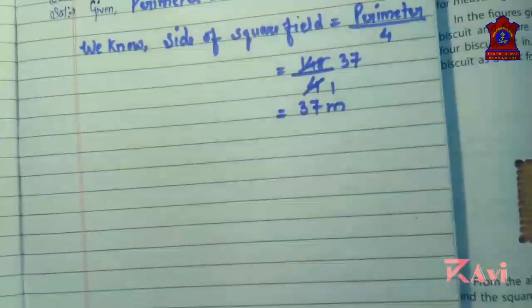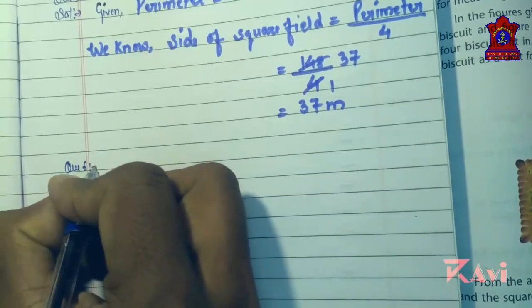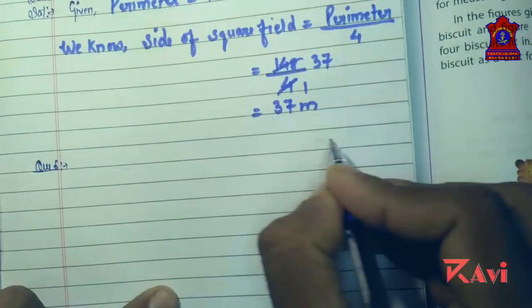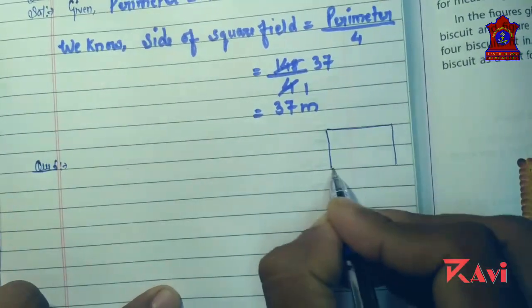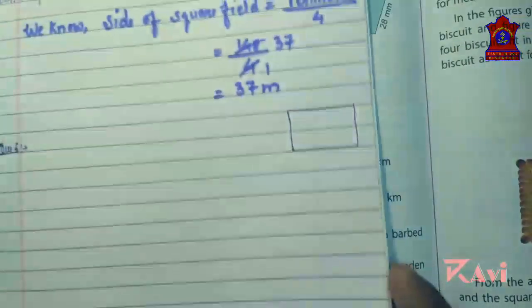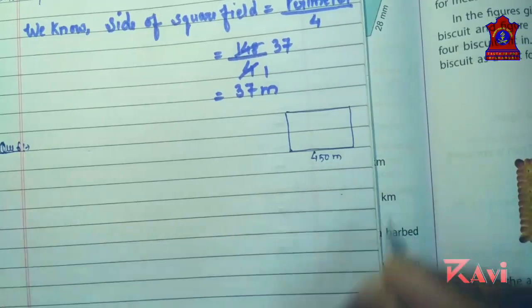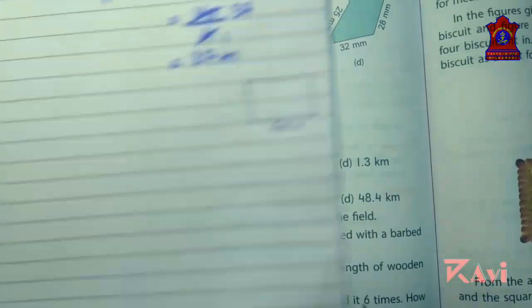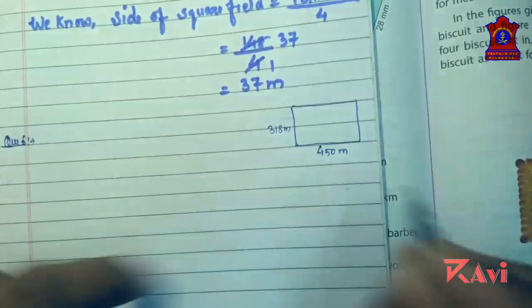Okay, see here, let's write it in this manner. Just make a figure for this. Long, how much? 450 meter. This is 450 meter, and this is 318 meter. Okay, length and breadth is given.